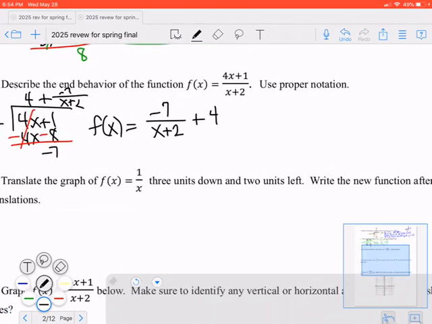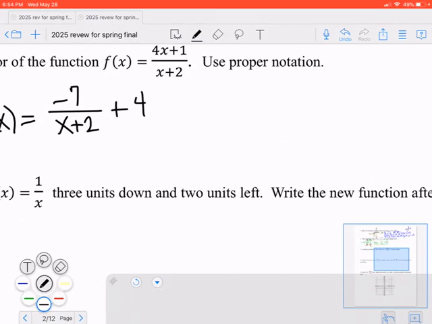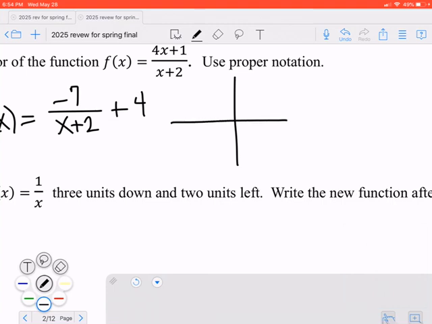What are we doing? Saying the end behavior. So I'm going to make a little sketch of this so that I can make sense of it. It's 1, 2, 3, 4 up. There is our horizontal asymptote, and then to the left 2 for our vertical asymptote.